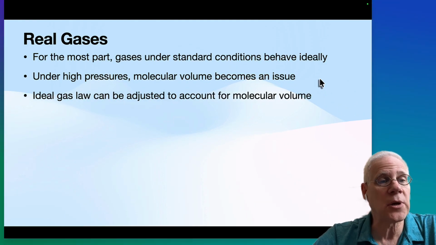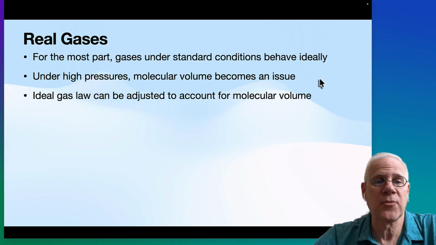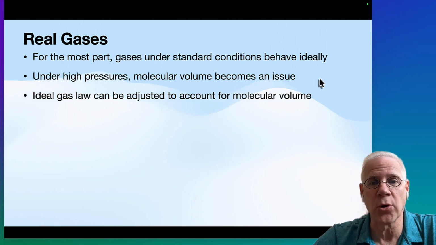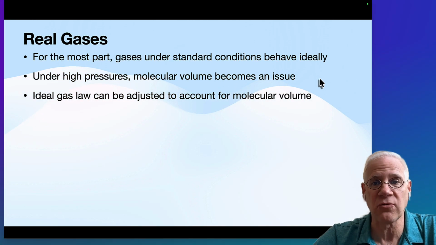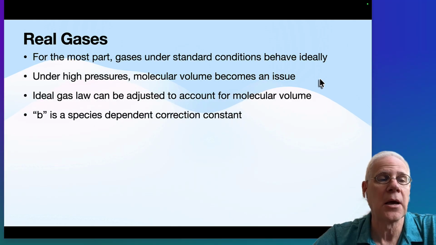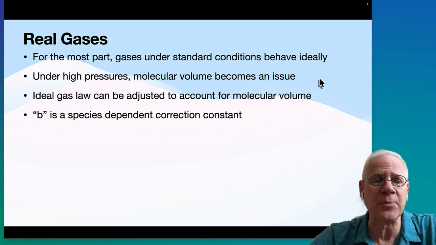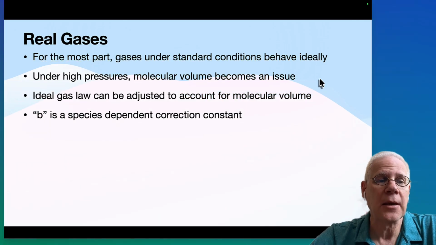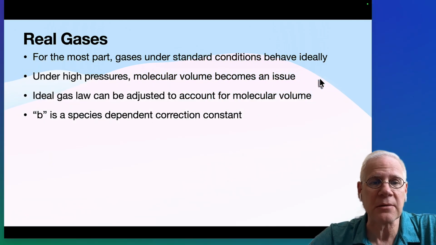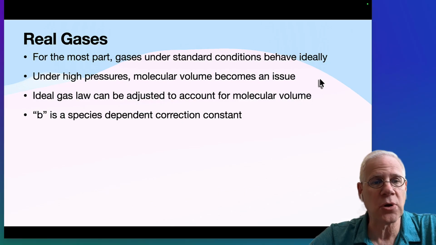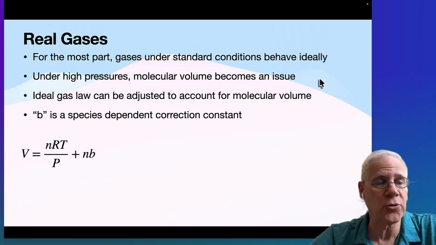Now, it turns out we can adjust the ideal gas law to account for the volume of atoms or molecules for a particular gas. And so we'll have two different correction factors, A and B. The first one we're going to look at is B. And B is a species-dependent correction constant to account for molecular volume.